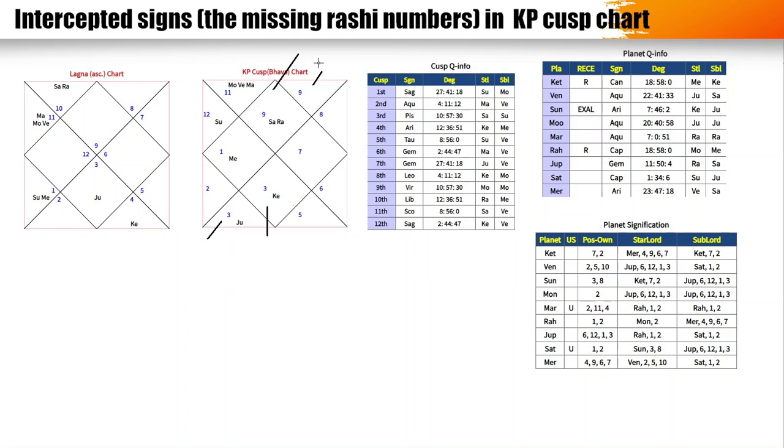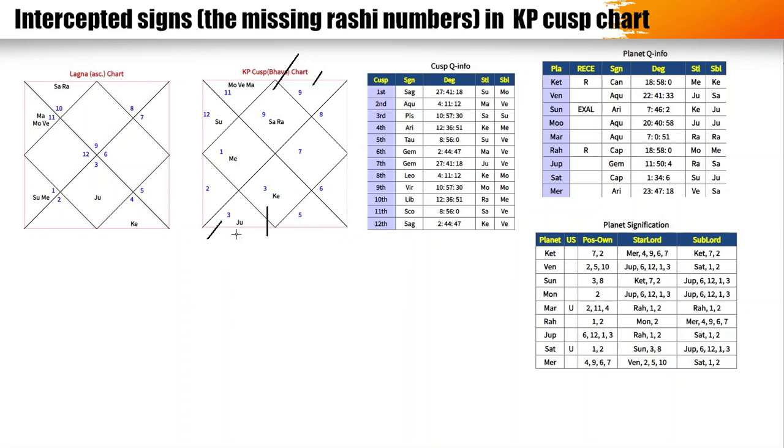These signs have been intercepted, and that's why you find them missing. Now in some software, you will see that they don't put any numbers there. They just show empty or blank houses. It's fine, just a matter of convention. But this is what is meant by the intercepted signs in the Placidus system, and that's why you find these numbers repeating in the KP cusp bhav or the KP cusp chart.